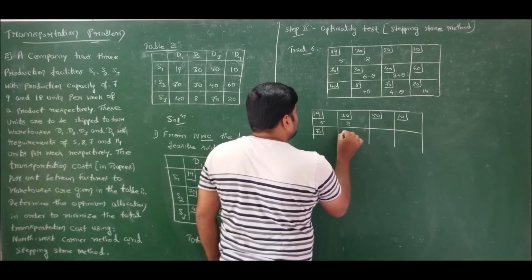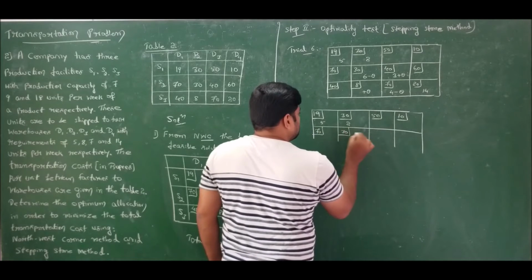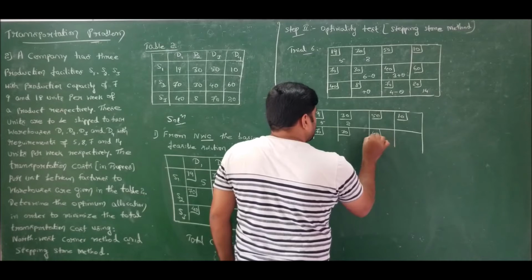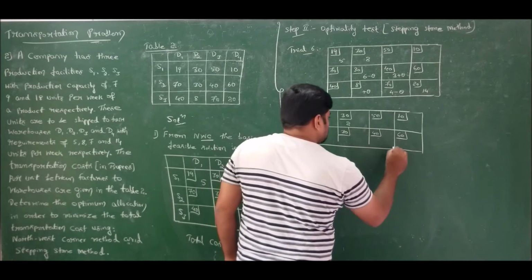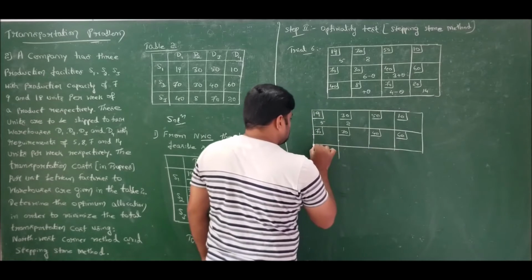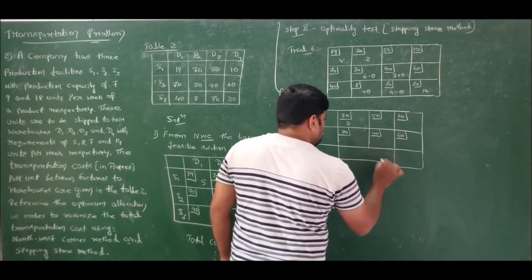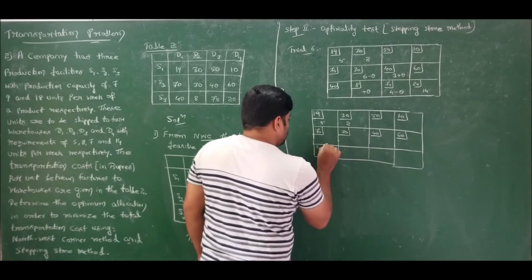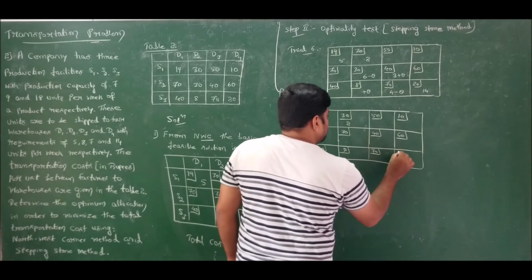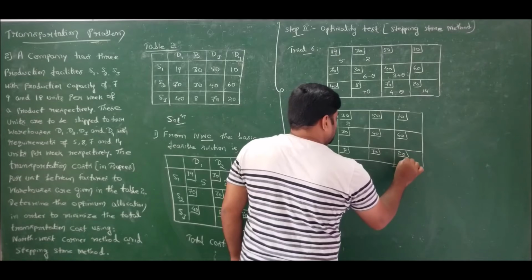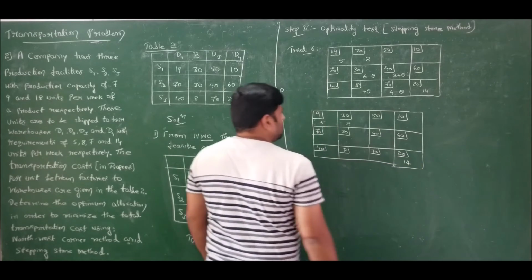So next is 70, 30, 40 and 60 is the unit cost of transportation, and next we have 40, 8, 70 and 20. Here the allocation is 14, right?